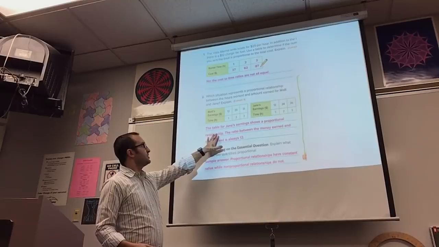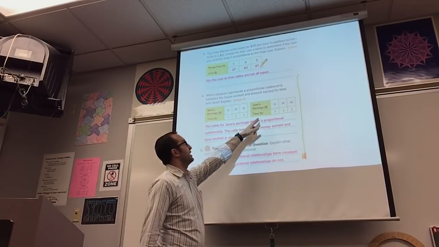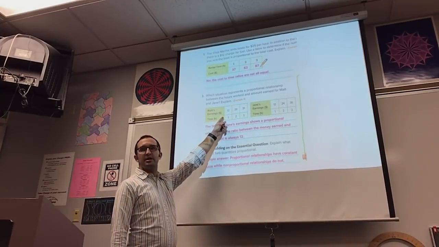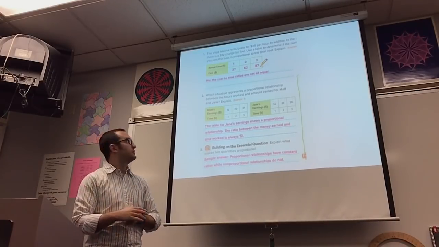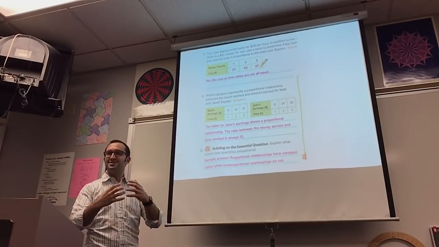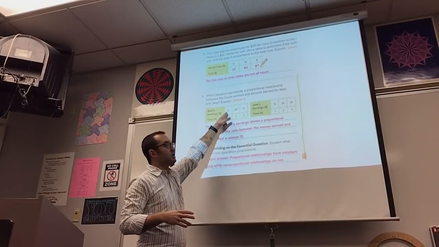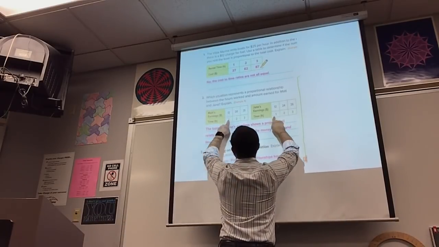Now here, all right, Jane's earnings is proportional, right? Matt's earnings is not. Why? Because the ratios are not equal, right? When you looked at cost per hour, doesn't it look like they get paid the same amount?